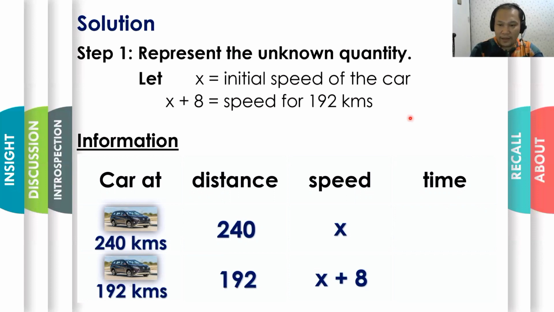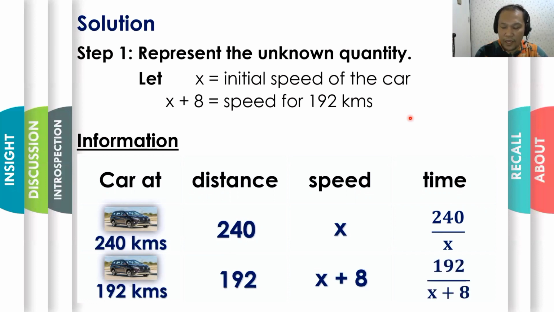Then we can express our time as 240 over x, since time is distance divided by speed, and then 192 over x plus 8.